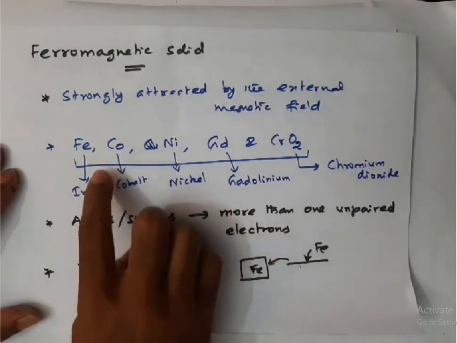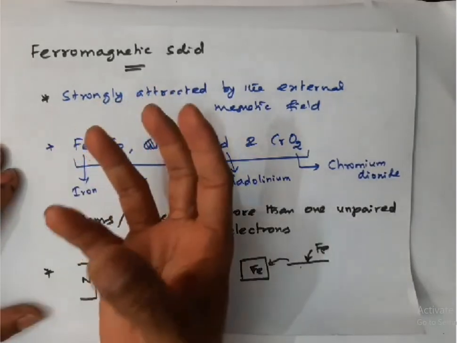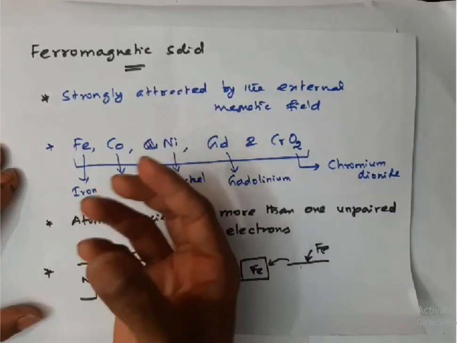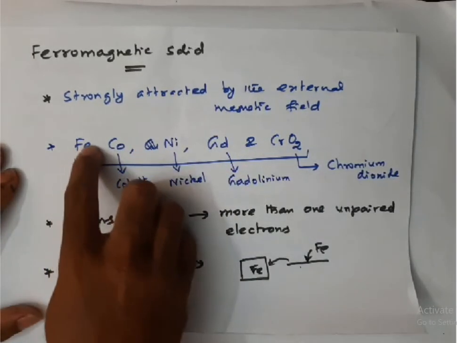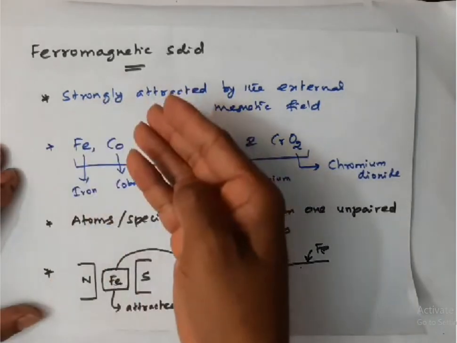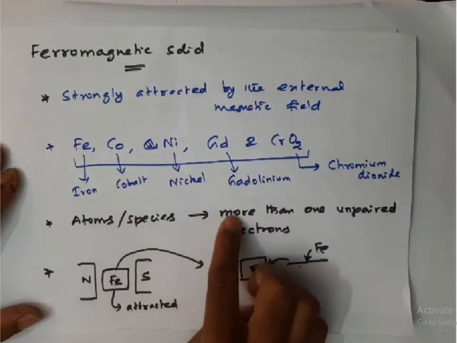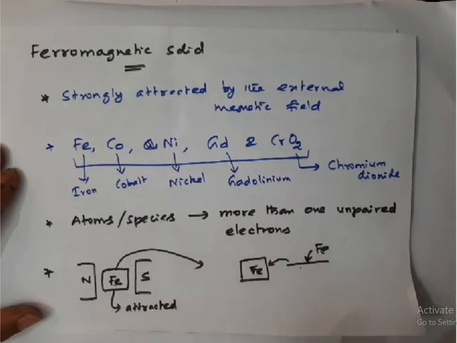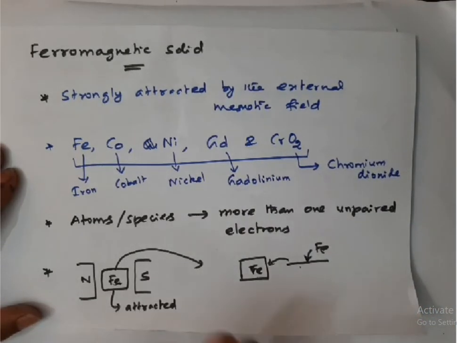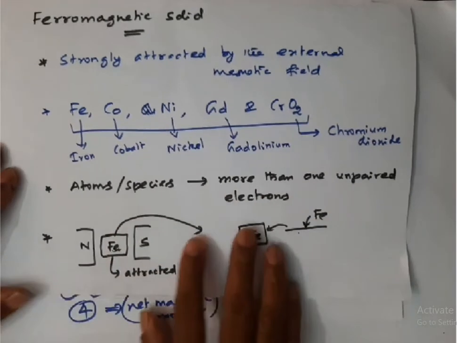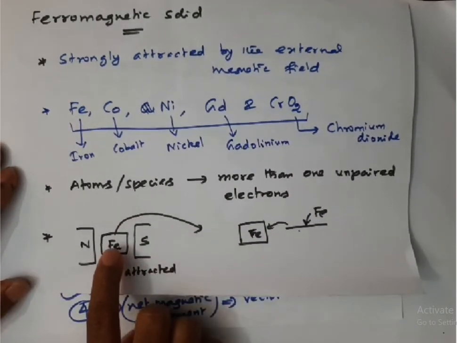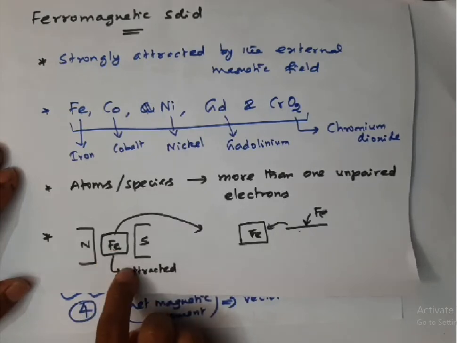Suppose you take iron metal, a piece of iron solid. In iron metal we have a lot of iron atoms. These atoms contain more than one unpaired electron. Ferromagnetic materials usually contain more than one unpaired electron. Next, if we keep the ferromagnetic material in a magnetic field, it is strongly attracted.